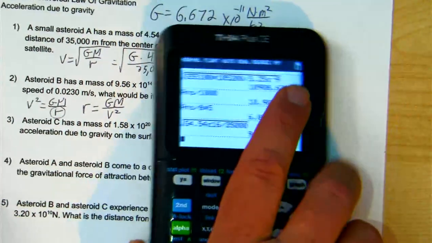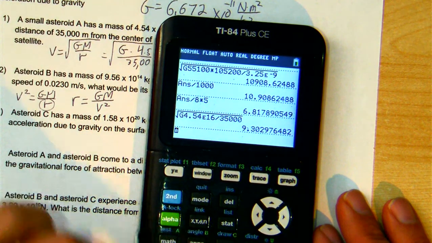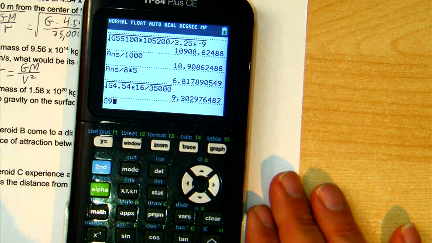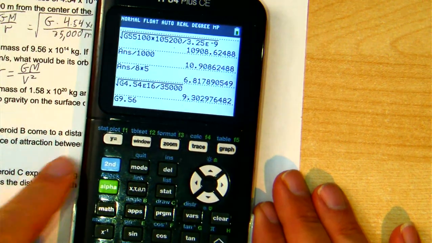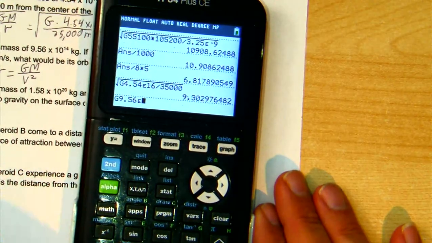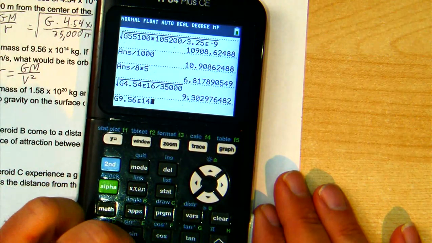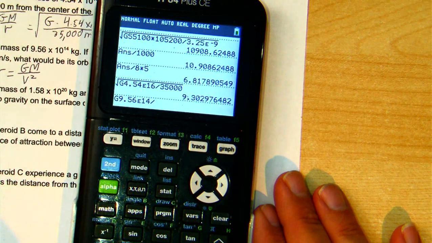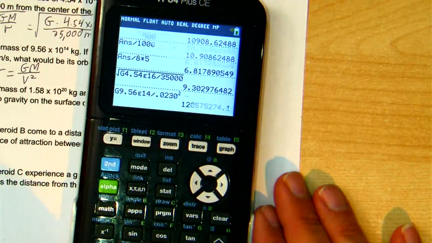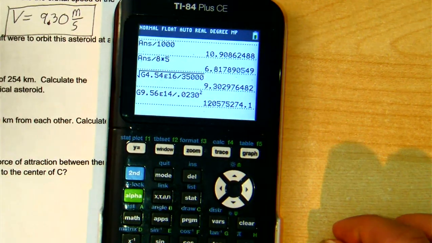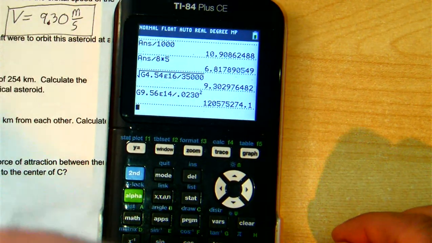So the numbers that I would plug in are G times the mass of 9.56 times 10 to the 14th power divided by 0.0230 squared, enter. Woo. The orbit radius is a pretty large number.